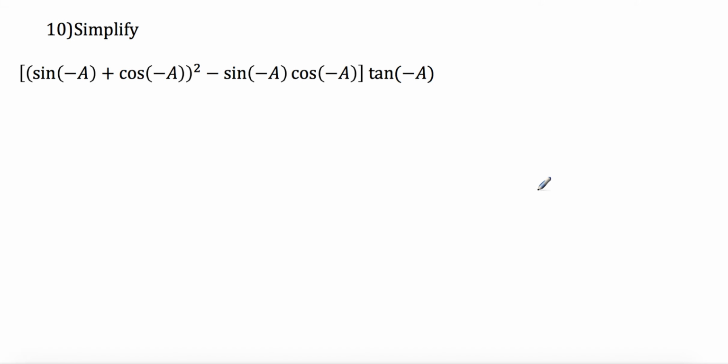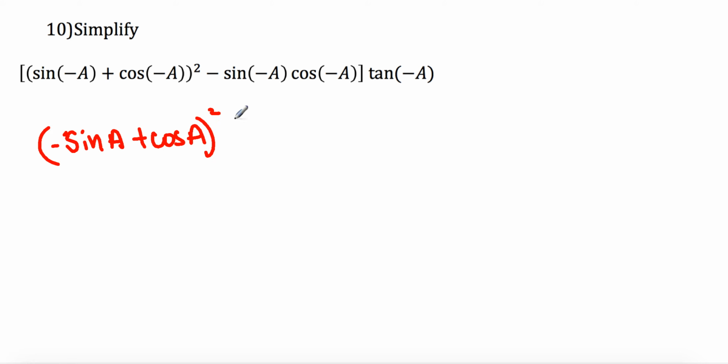All right, let's look at number 10. So we have negative A all throughout, and in order for me to simplify this one, you get to see that sine of negative A plus cosine of negative A, in fact, is equal to negative sine of A plus cosine of A, because sine is an odd function and cosine is an even function.